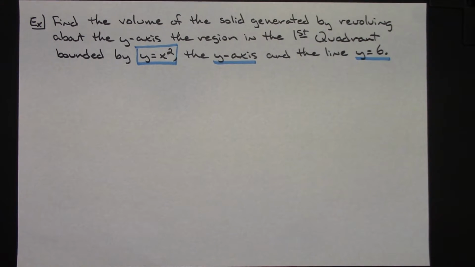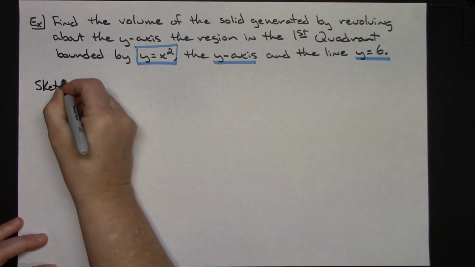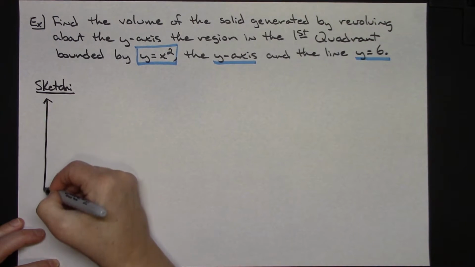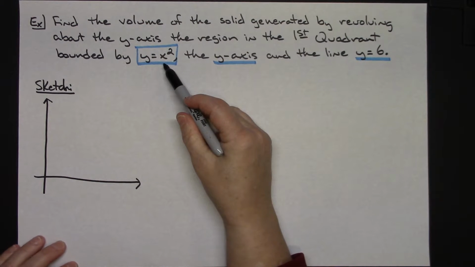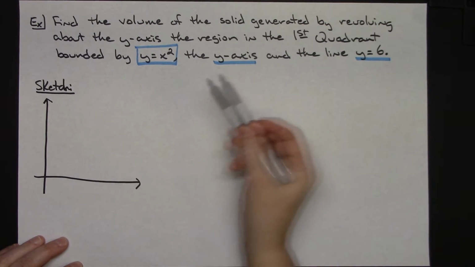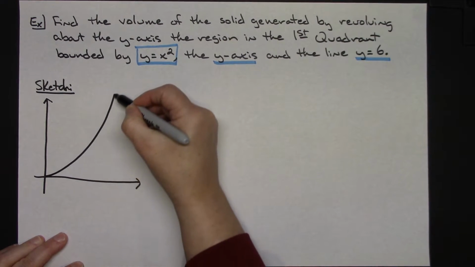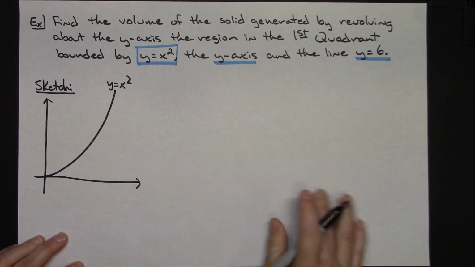So I'm going to start by sketching. I still have that parabola, but I only want it in the first quadrant. It did say only in the first quadrant, so I only need to be focused here. Let's go ahead and label this y equals x squared.